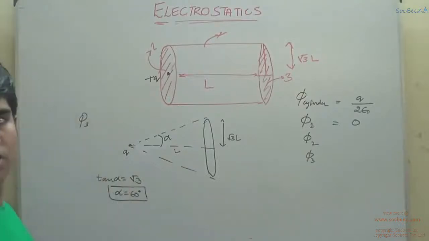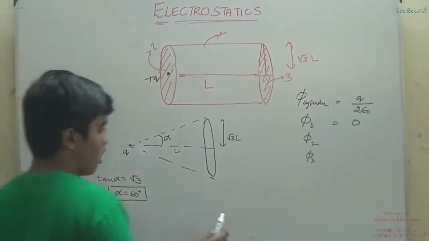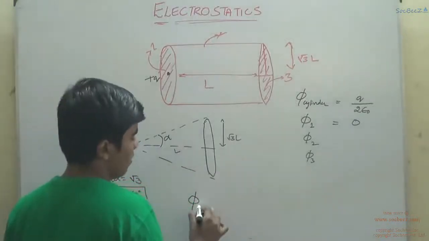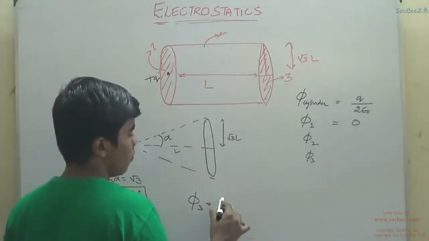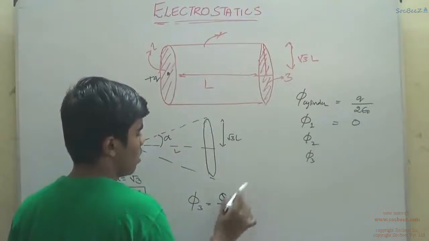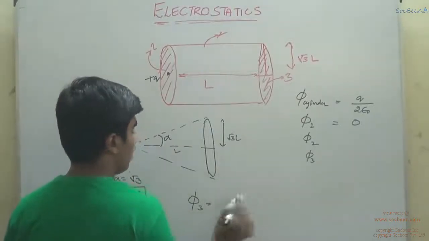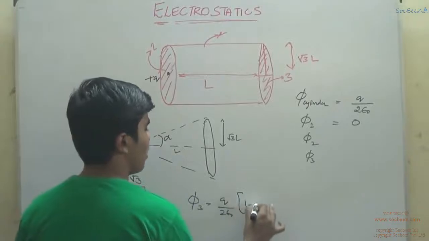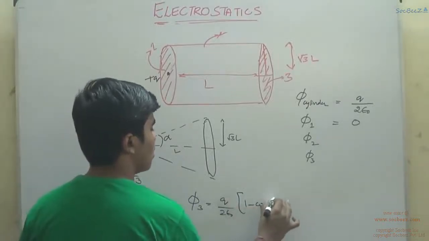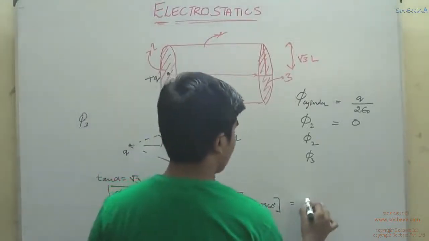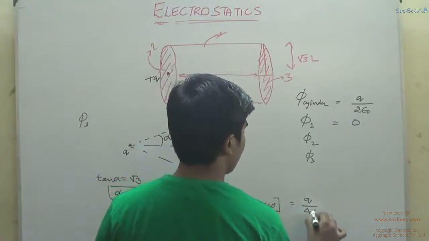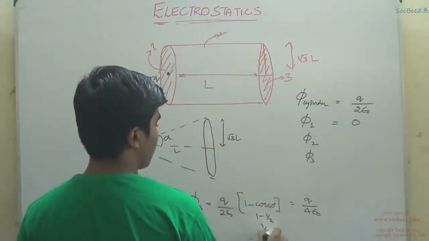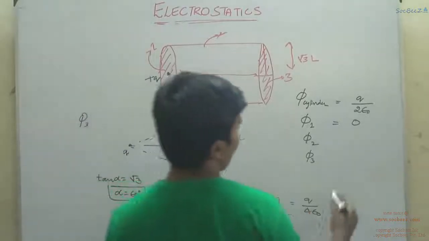So by the formula which we have written earlier, the flux through 3 is equal to q by 2 epsilon naught times 1 minus cos 60 degrees. This is equal to q by 4 epsilon naught, right? Because it becomes 1 minus half, so it is half. So q by 2 epsilon naught into 1 by 2 is q by 4 epsilon naught.